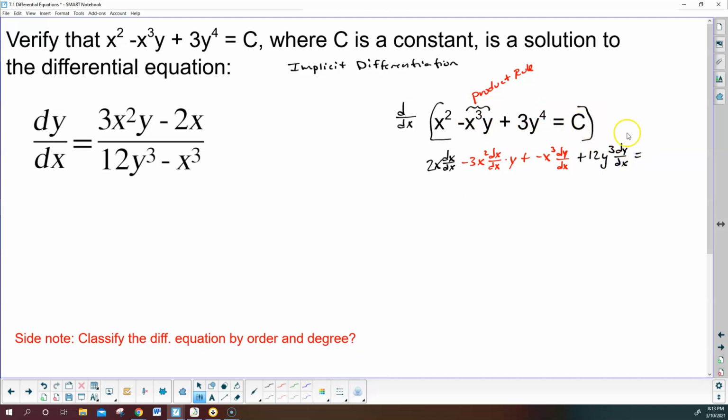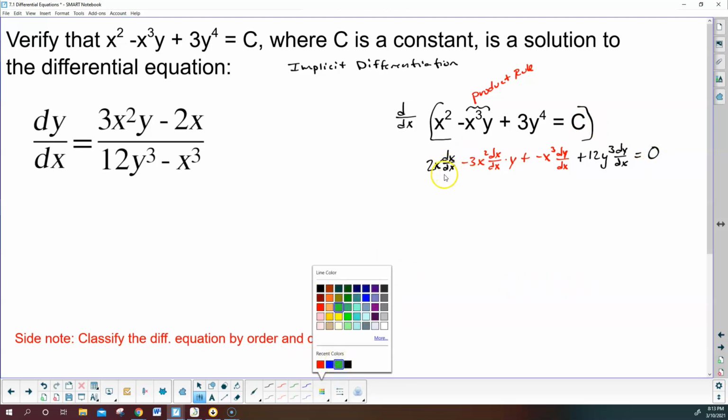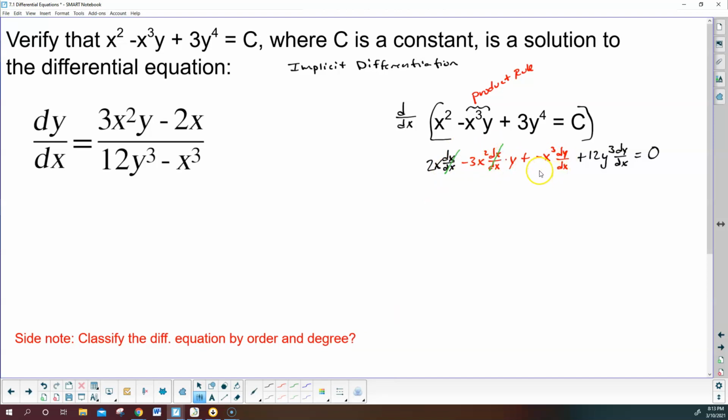And then the derivative of a constant is 0. So what we know is anything that had just dx reduces down to 1. So those are gone. But now notice these two pieces have dy dx.